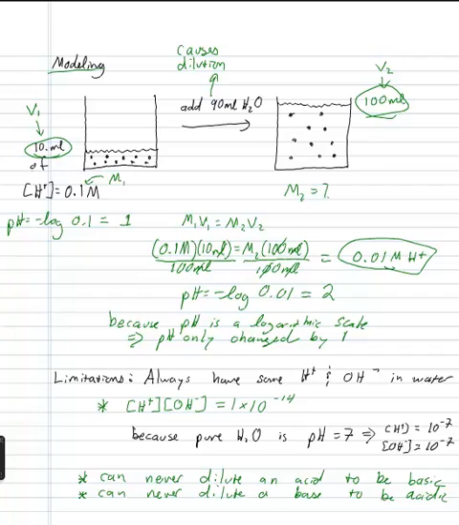If you have an acid, it has to stay less than 7. And you can dilute a base to greater than 7. You'll never get to 7, but you will approach it. That's it. So we'll be doing this lab soon.